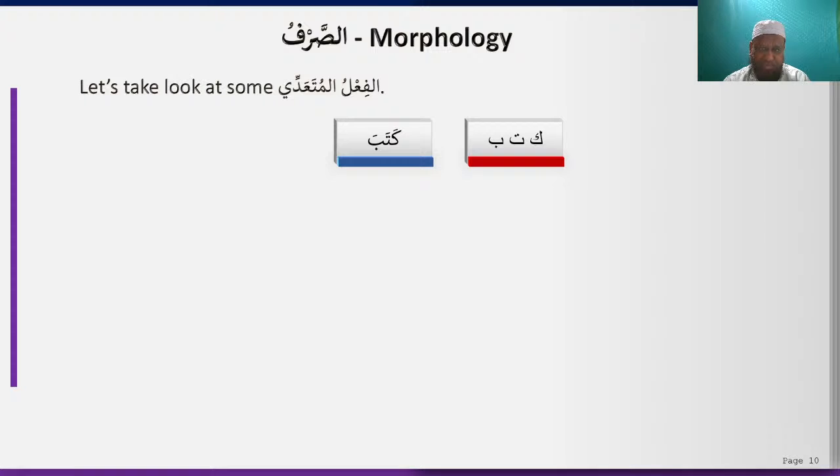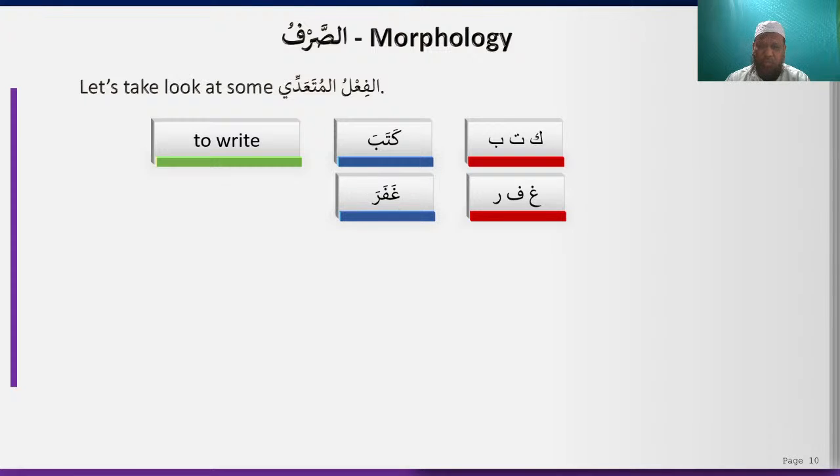As I've said many times, in fail madi, the fa'ul kalima and the lamul kalima always will have a fatha. You cannot go wrong in that. It is the ainul kalima we need to know. We don't know if it is a kasra, fatha or dhamma. Just have to learn. So this one has a fatha, kataba, to write.